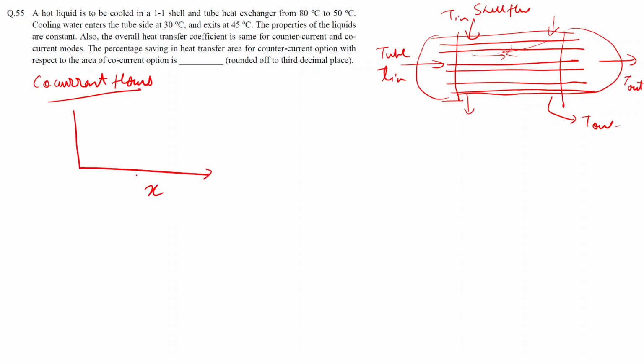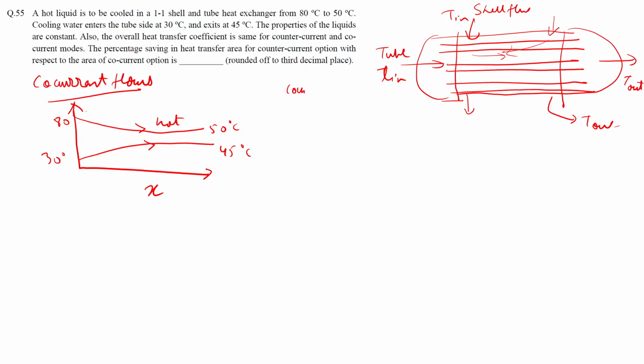Along the length of the heat exchanger, the temperature of the hot fluid will decrease from 80 to 50 degrees Celsius, and the cooling water enters the tube side. So for the tube side it will increase from 30 till 45 degrees Celsius. The flow directions are the same.